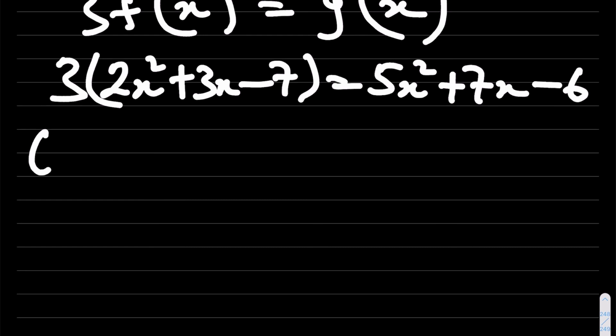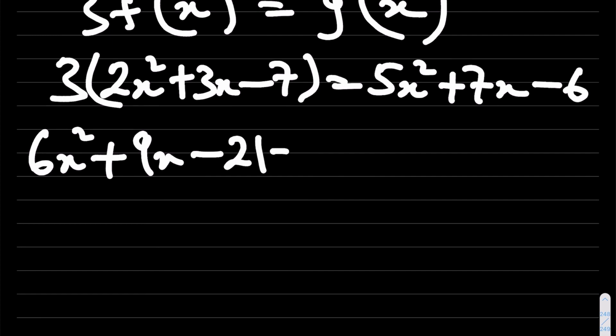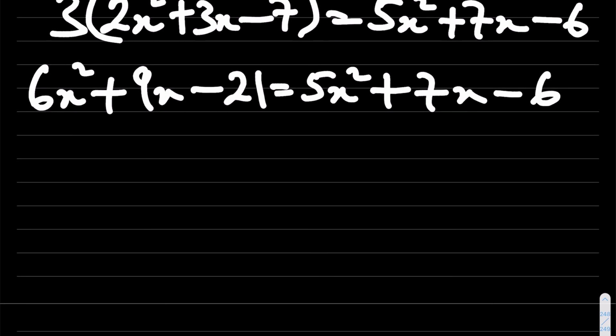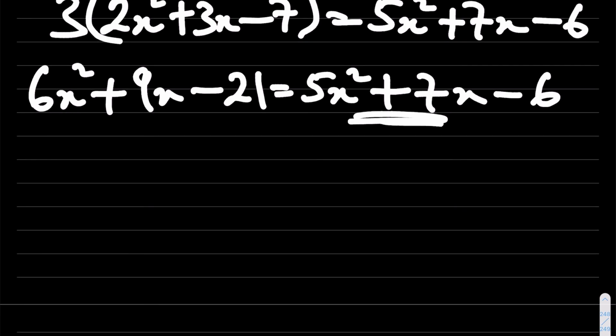And that's the same as 6x squared plus 9x minus 21 equals 5x squared plus 7x minus 6. Now I'm moving the whole of the right hand side to the left hand side.